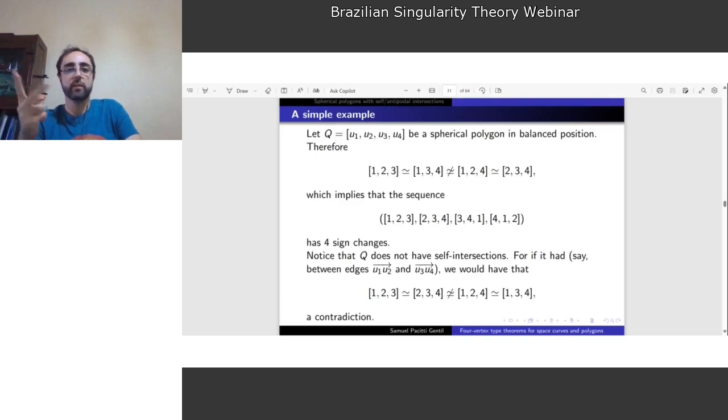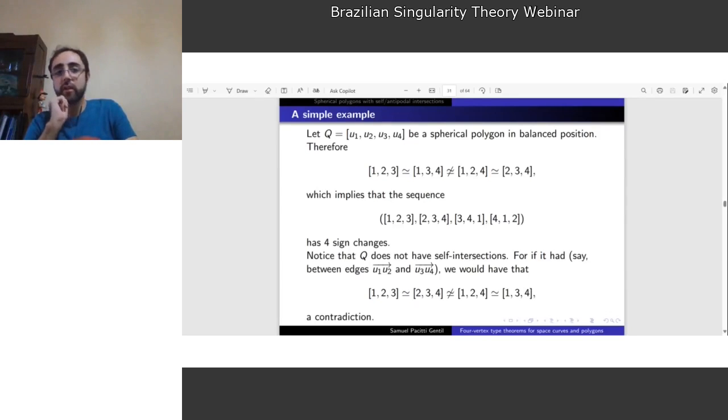In other words, this sequence, if you rearrange it, has exactly 4 sign changes. But recall that a sign change in these determinants is simply another way to say that the polygon has an inflection between these two triples. So for a spherical polygon in balanced position with exactly 4 vertices, the theorem that we want to prove is already true. We have 4 different sign changes here.